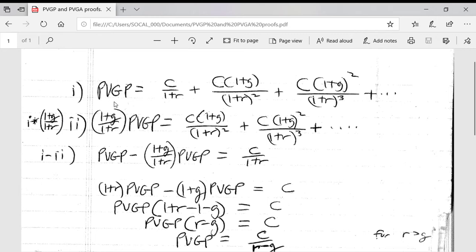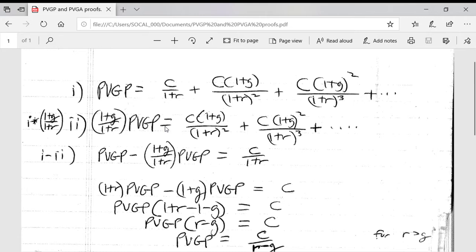So now we take equation 1, and we multiply both sides by the same factor. And the factor is (1 plus g) over (1 plus r). Remember, g is the growth rate of the cash flows. r is the appropriate opportunity rate of return. So taking equation 1 and multiplying both sides by (1 plus g) over (1 plus r): on the left-hand side, we have present value of growing perpetuity times (1 plus g) over (1 plus r).